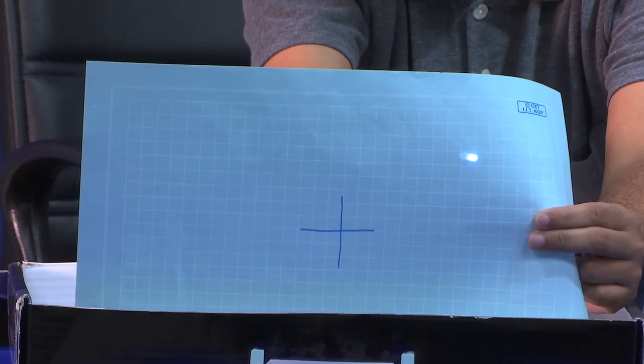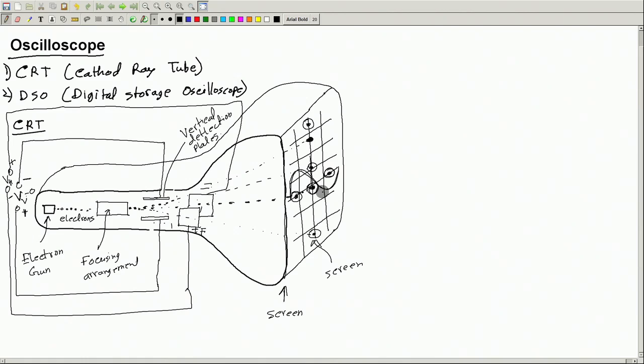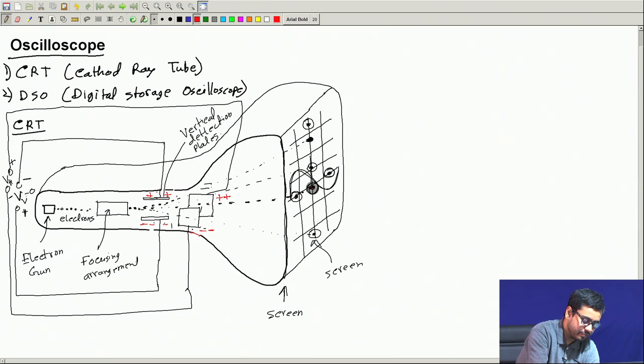What I just said is that if I apply simultaneously positive voltage here, that means negative here, and if I apply positive here, that means negative here, then the beam will go up and towards the right, and the spot will be created here.